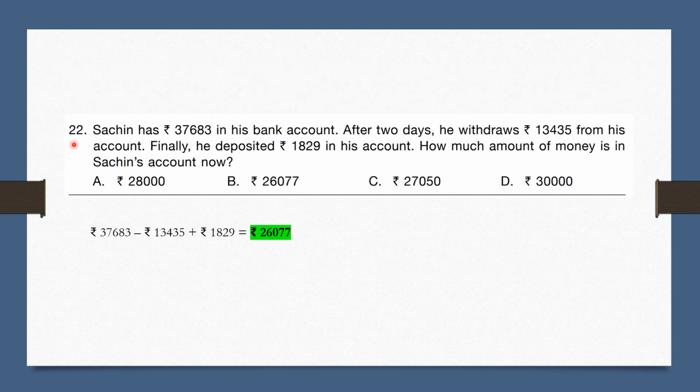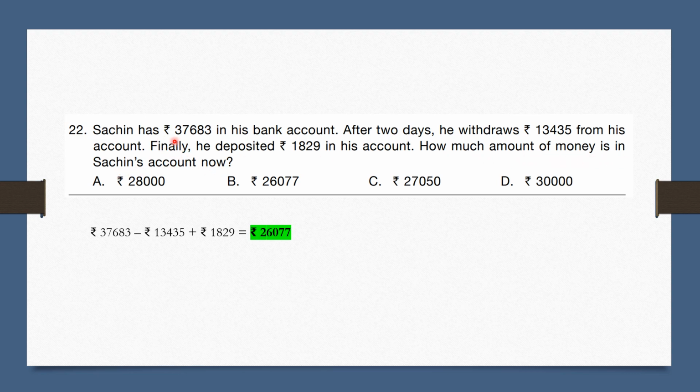Question number 22. Sachin has rupees 37,683 in his bank account. After 2 days, he withdraws rupees 13,435 from his account. Finally, he deposited rupees 1,829 in his account. How much amount of money is in Sachin's account now?